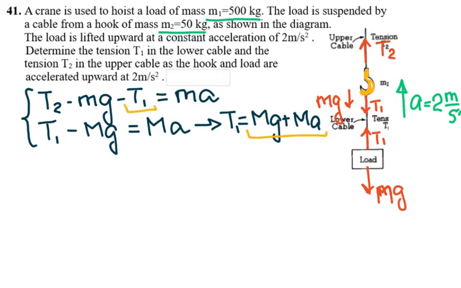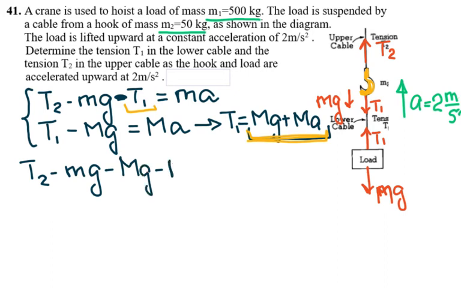So I'm going to have T2 minus mg. And then when I subtract each one of these terms that I have for T1, I'm going to change each sign because there's going to be a negative minus the whole thing. So I'm going to have minus mg, and again minus ma, and that equals ma.